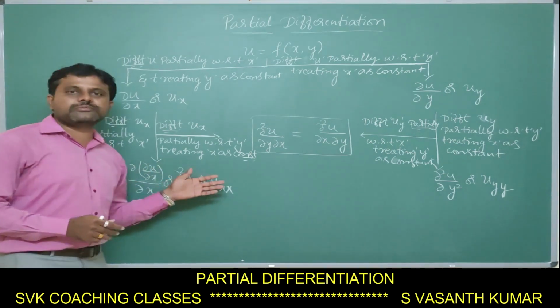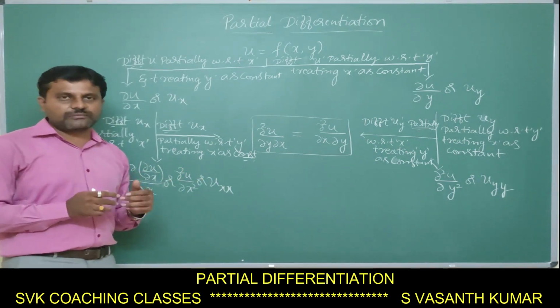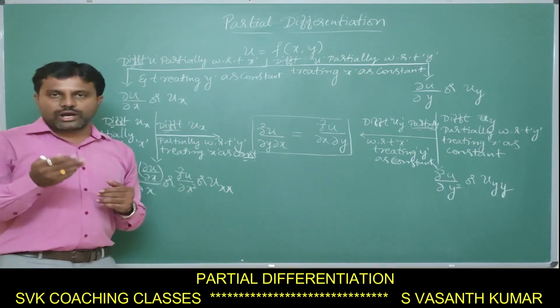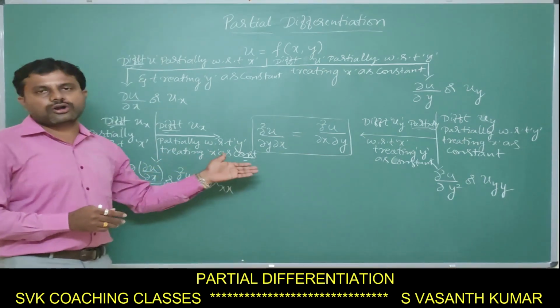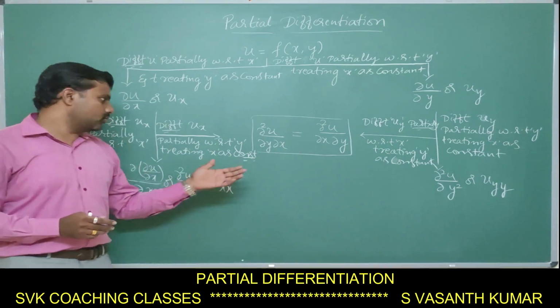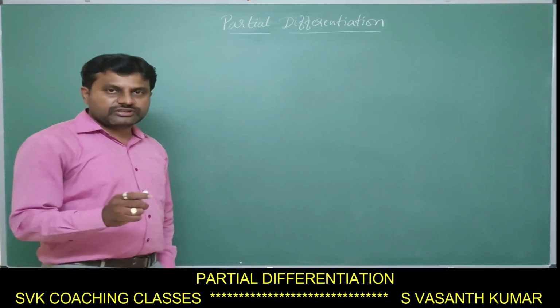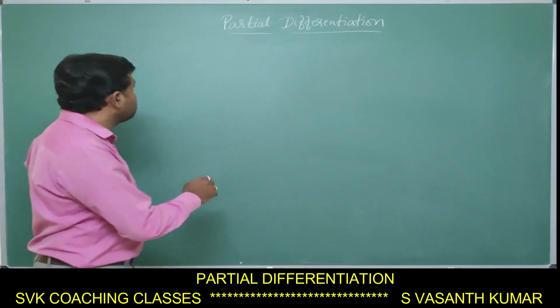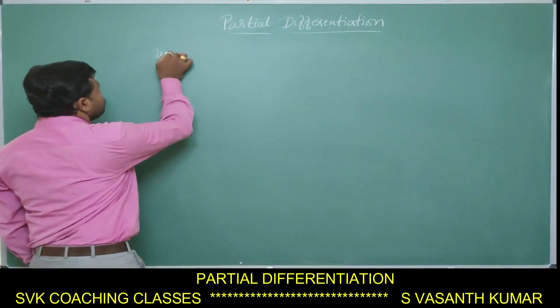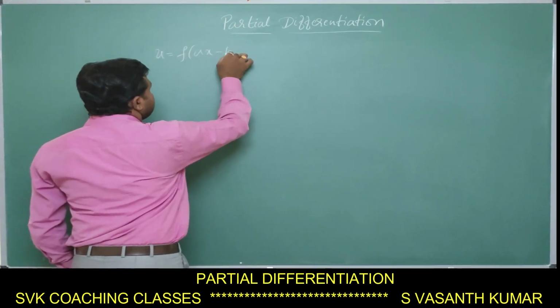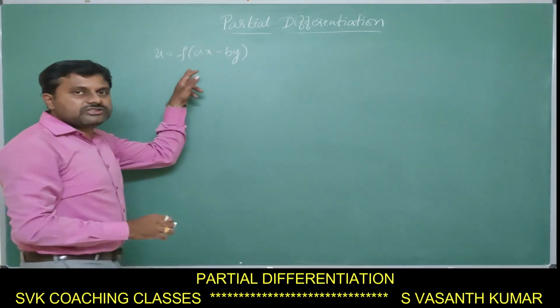Now let us see some examples of partial derivatives of u with respect to x, y, or higher order mixed partial derivatives. Let us see the examples on partial differentiation. Consider u equal to f of ax minus by, a general example.